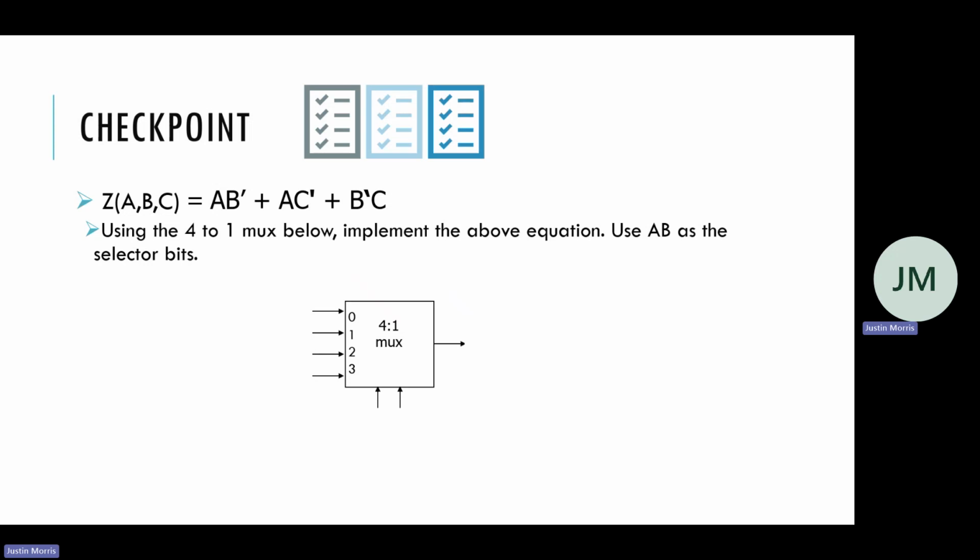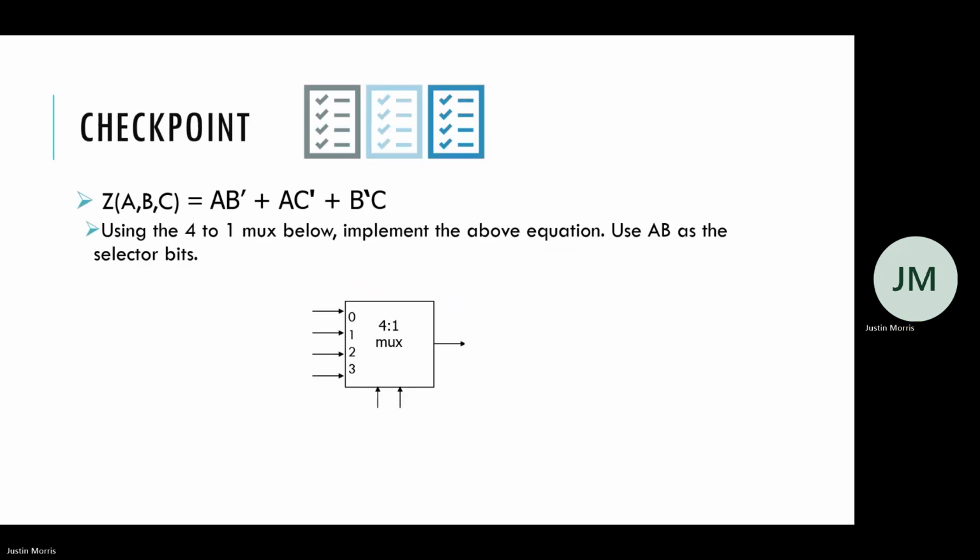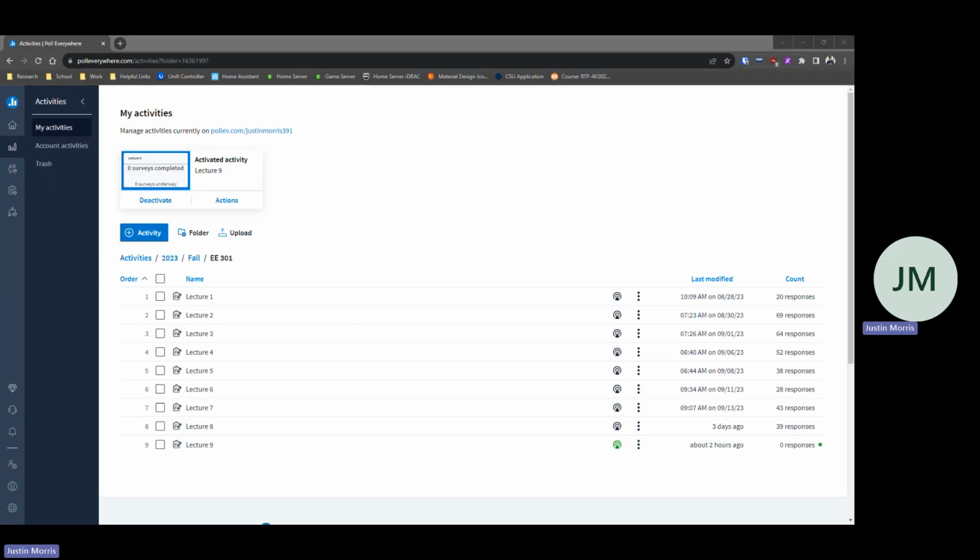I am going to constrain you so that we all have the same answer. The most significant bit of the selector is A, this is B. Do work on this, and there's no multiple choice answer here. When you are done working on this, just answer anything to the poll.